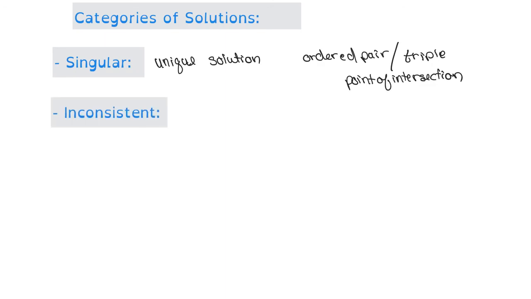The next category is that a solution to a system can be inconsistent. And if you think about this logically, inconsistent means that it doesn't match up. And if it's not going to match up, it's not going to intersect.